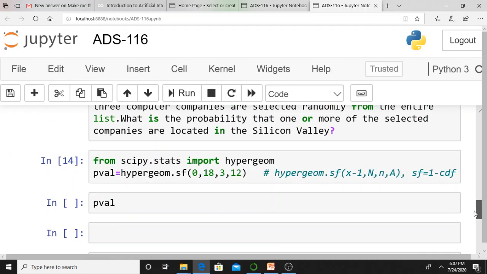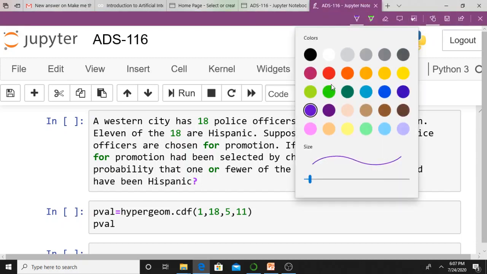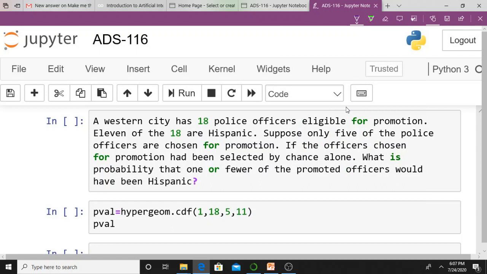We will try to understand one more simple problem. A western city has 18 police officers eligible for promotion, and 11 of the 18 are Hispanic. Suppose only 5 of the police officers are chosen for promotion.